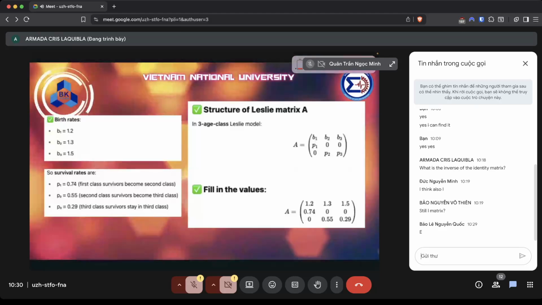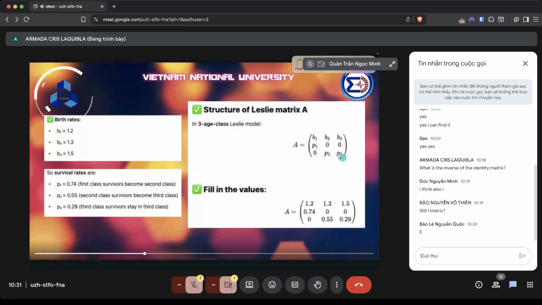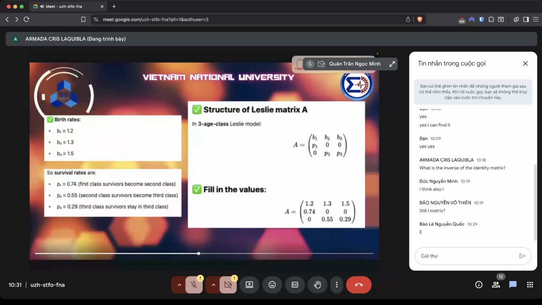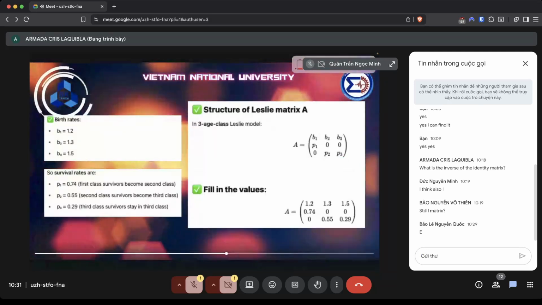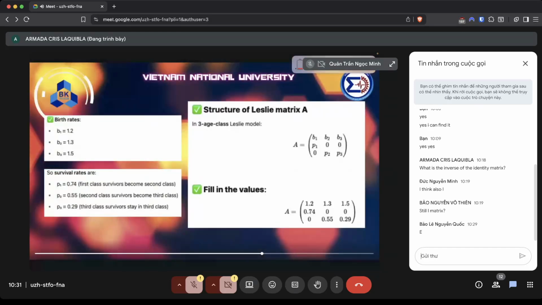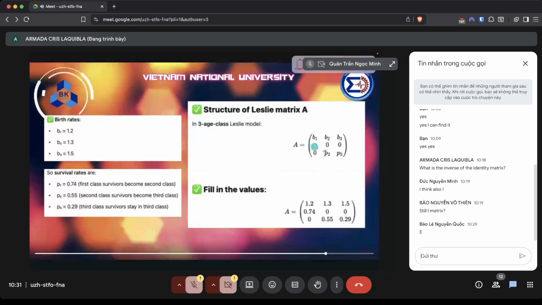It's there. And this is the arrangement class. P1, P2, P3 must be here. Okay? So this is new to you because in our slides, the P must be in this diagonal.